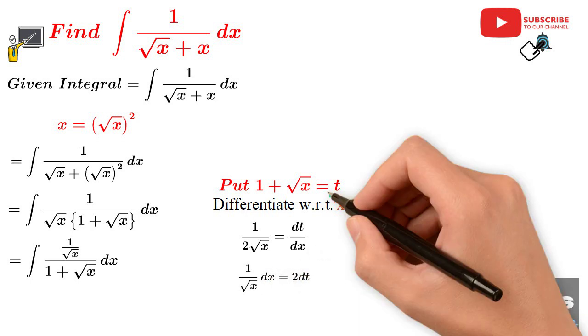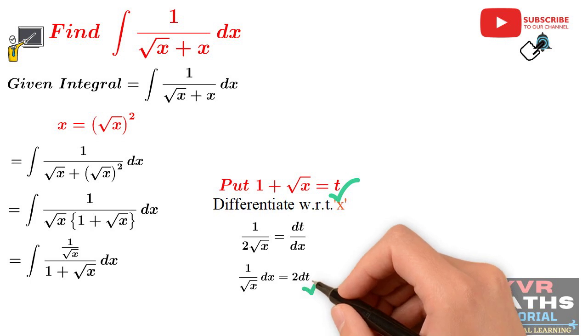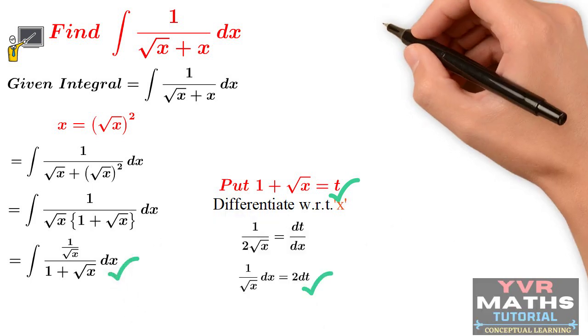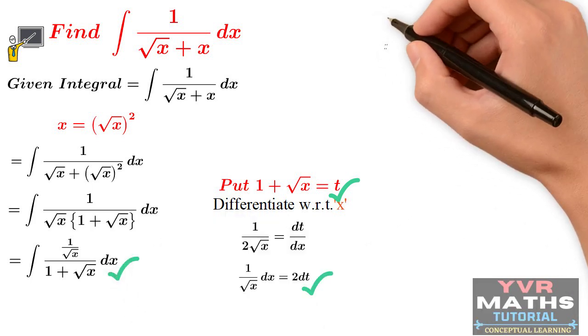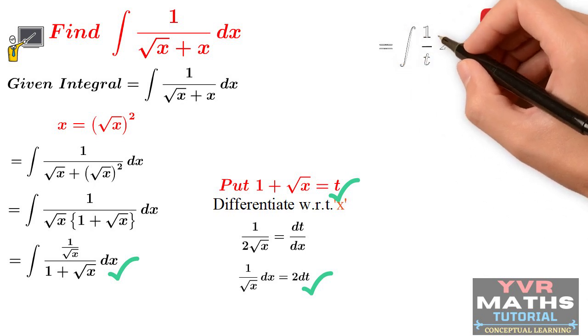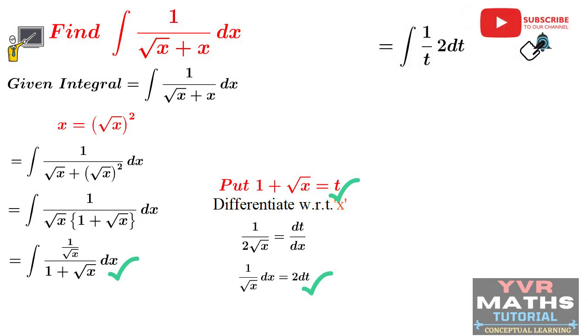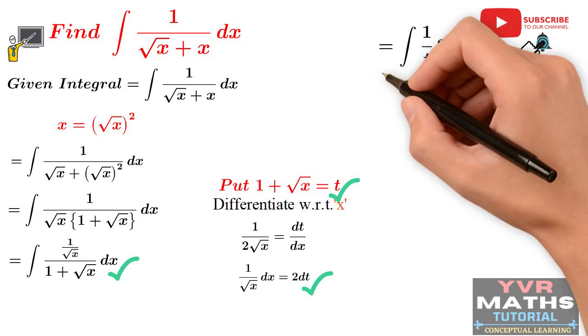Now we will substitute this term and this term in the given integral. Then what we will get? See here, integral of 1 by t into 2 dt. Because 1 by root x dx becomes 2 dt and 1 plus root x is t. That's why we got this step. By using basic properties of indefinite integrals, the constant 2 we will write outside of the integral.